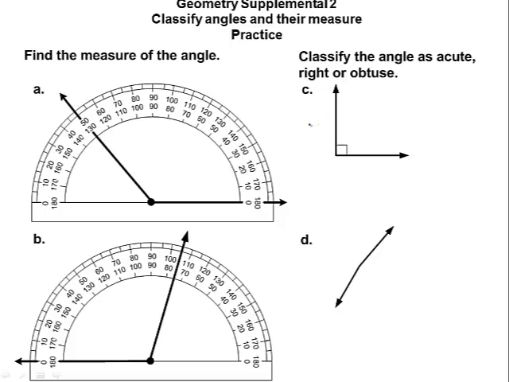And then for B, 105. And then C is a right angle, and D would be, now just tell me if it's acute or obtuse. That's obtuse. Good job.